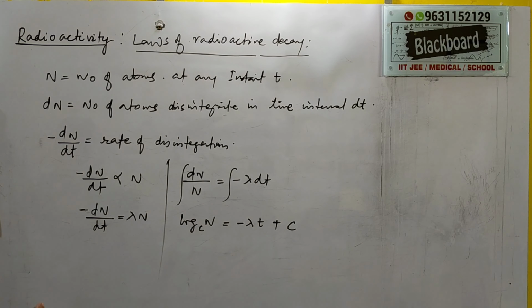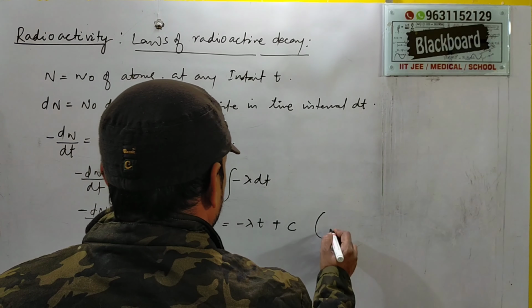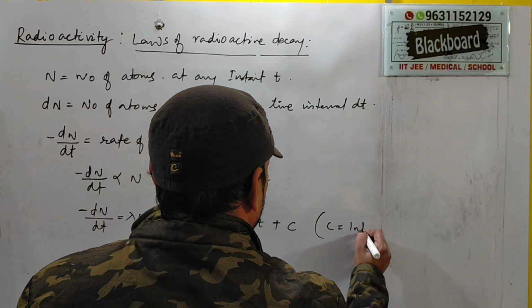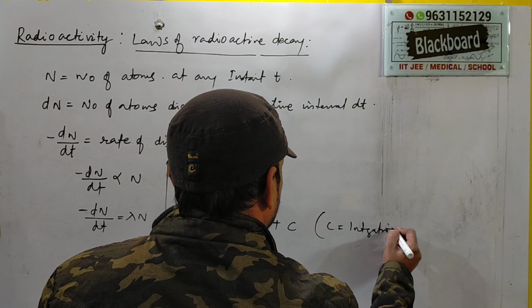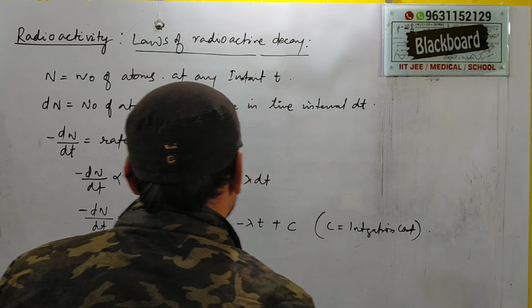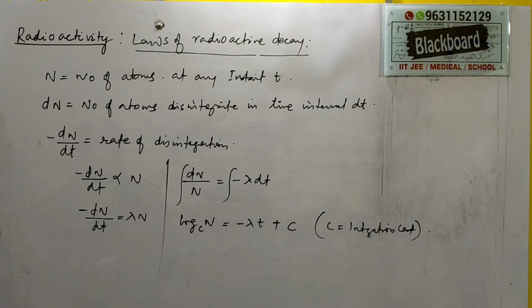Now c is here the integration constant. Now to determine c we apply the initial condition.